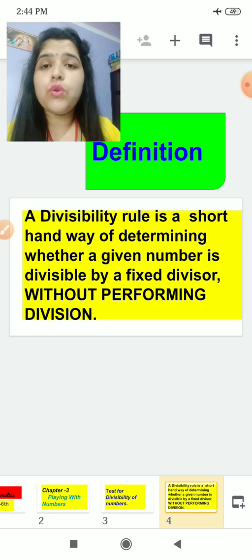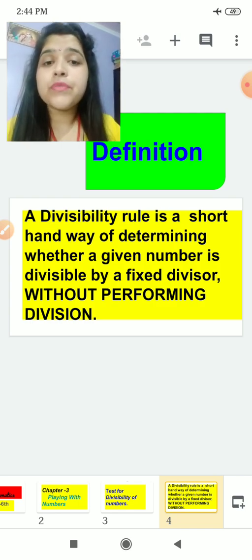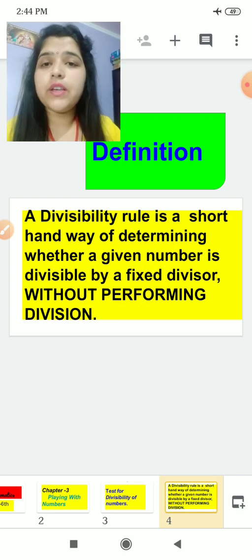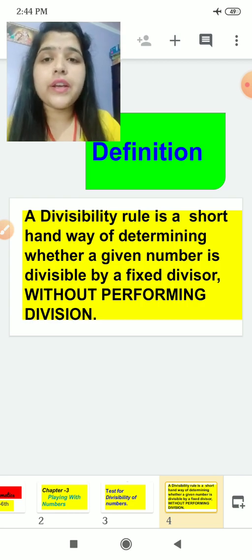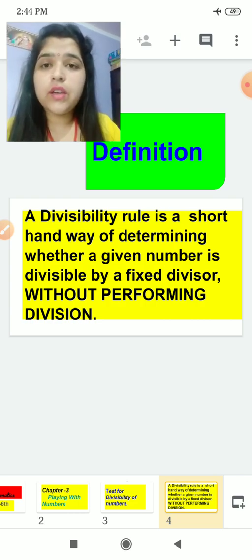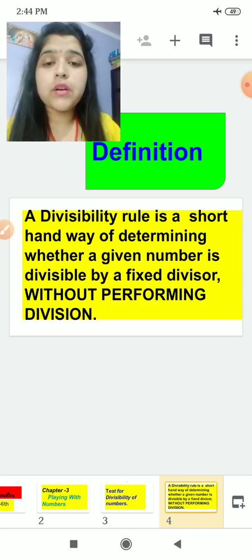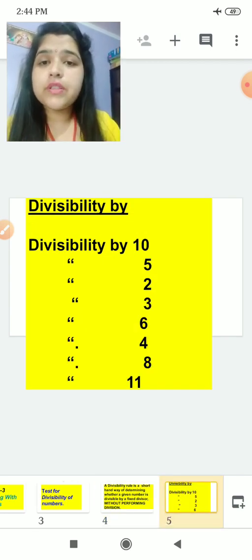It means that without performing division, if we are given a number, we have to find whether it is divisible by 4, 6, 8, 10, 9. So this is the rule we have. Without doing the long division process we can say whether the given number is divisible by the fixed divisor or not.